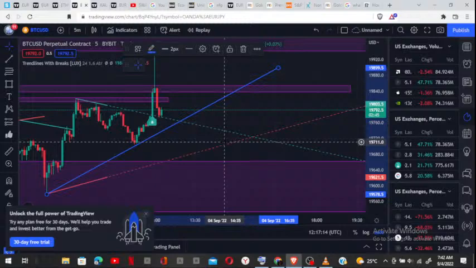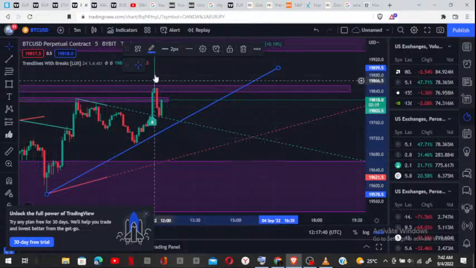And also, if you are new, the indicator that we're using today was the trending line with breaks indicator. Yesterday we were using the volatility stop indicator, but today we're using the trend line with breaks indicator just to see how it works. I think this works perfectly for me because we had this strong buy signal over here and it went up.